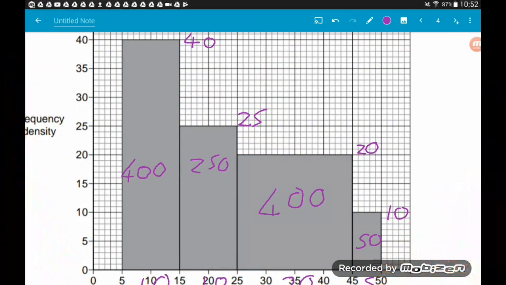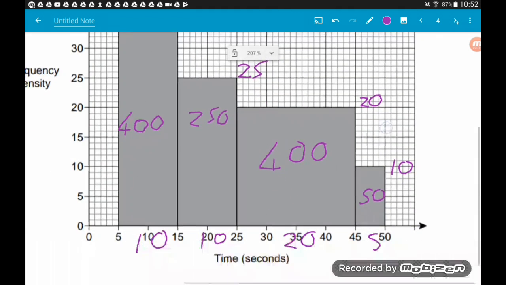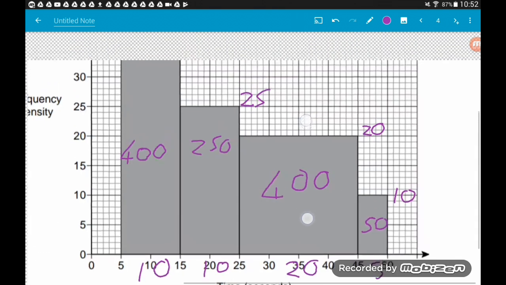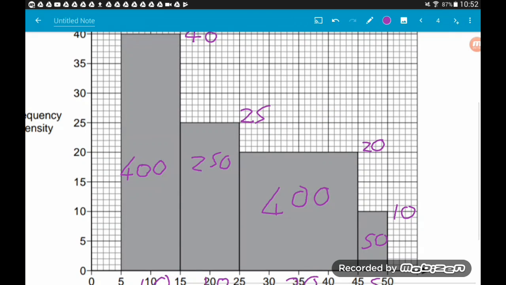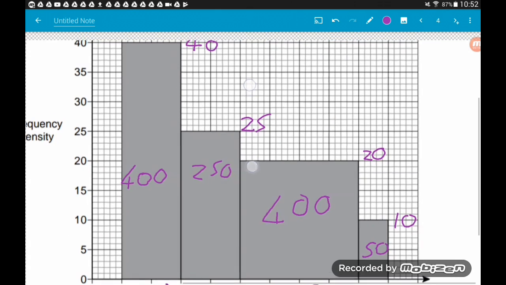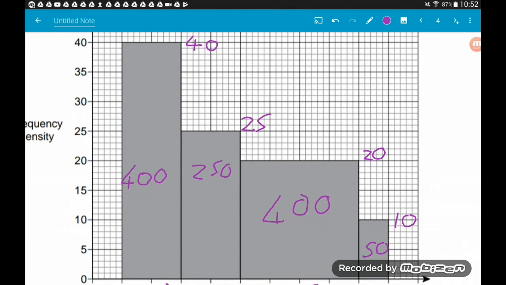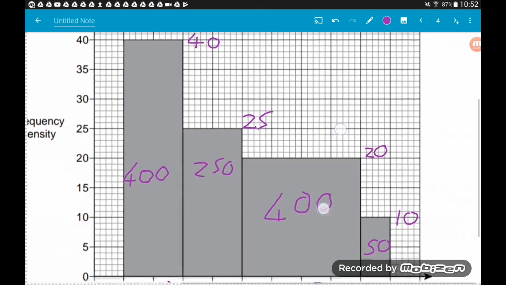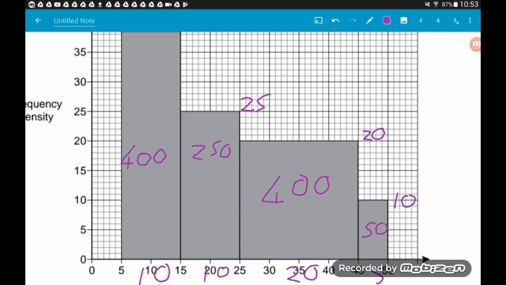Okay, so what I've done so far, I've got the frequency density for each bar, and I've written down the interval size for each interval at the bottom, and I've multiplied them together to get the frequency in each bar. So the first one was 10 times 40, which is 400, 10 times 25, 250, 20 times 20, 400, and then 5 times 10, 50.